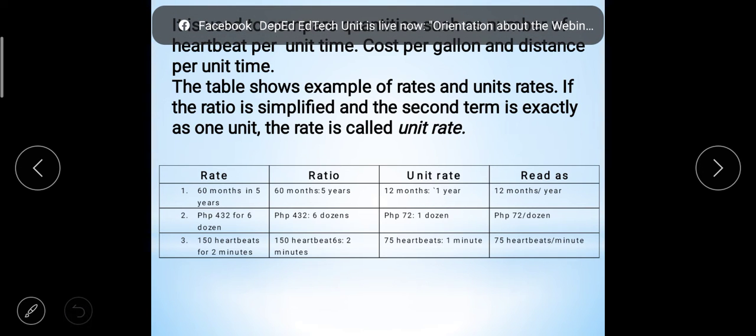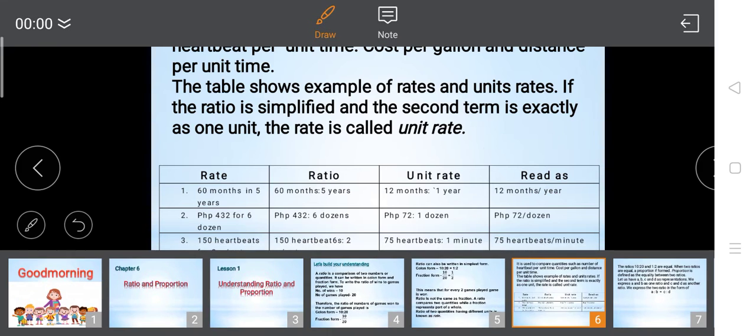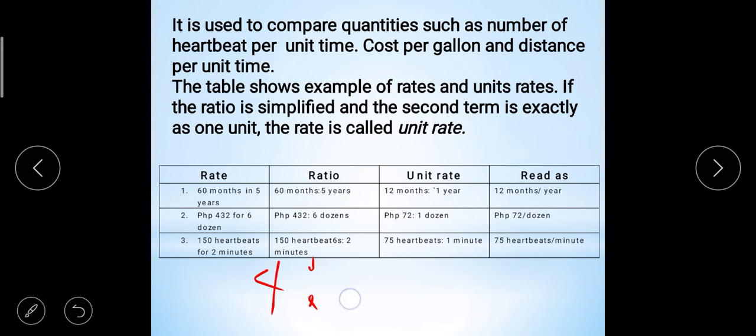Okay, let's say, halimbawa, we have 4 is to 18. What is the common factor between 4 and 18? Common factor between 4 and 18.